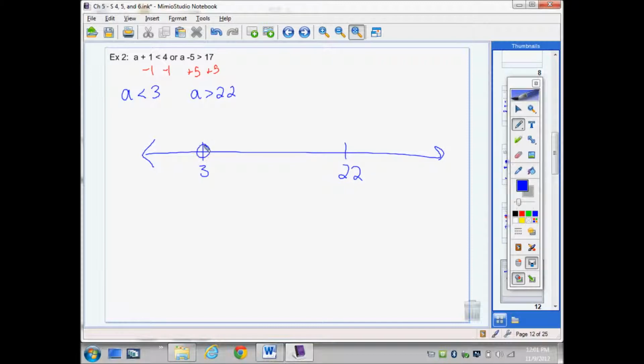Open circles because they're both greater than or less than, not or equal to. Less than 3 is this way, so I'm shading over here. Greater than 22 is this way, so I'm shading over here. And I'm done.